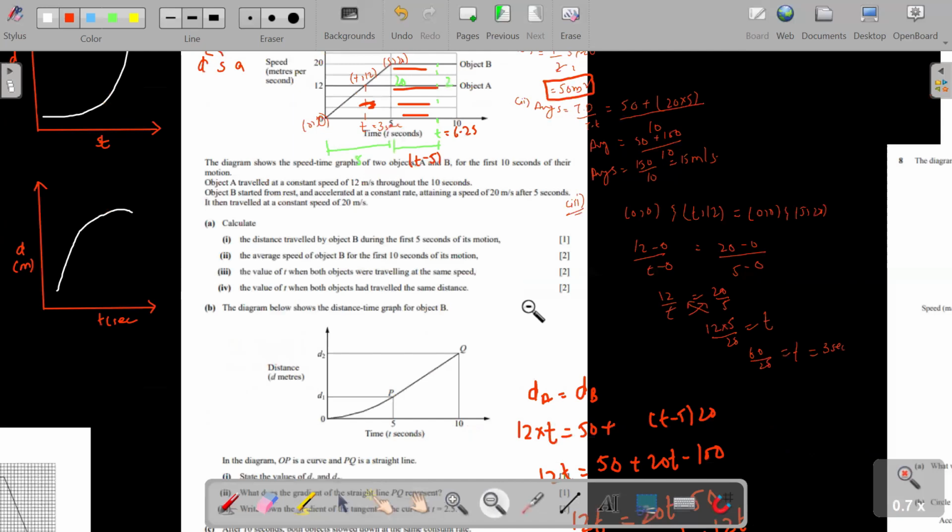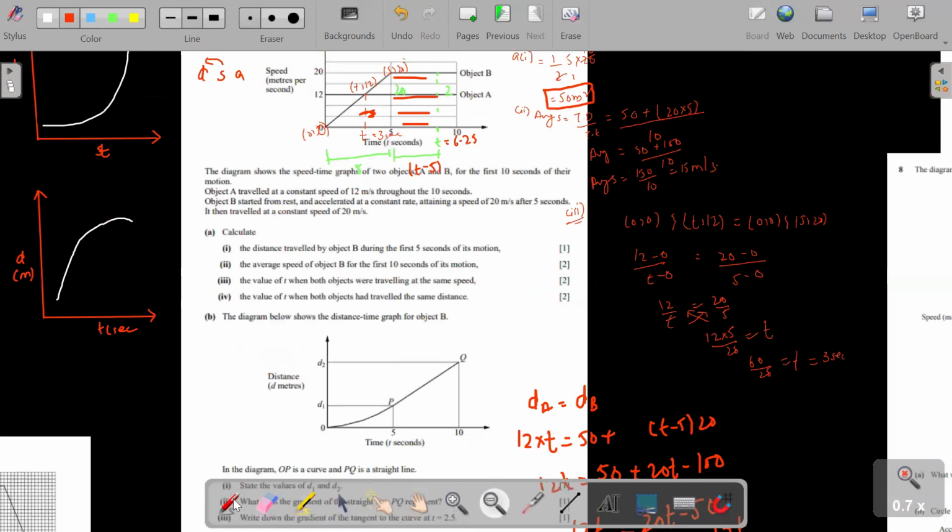We have calculated the values of D1 and D2. D1 at this point was 50, like in the distance-time graph. And for this portion, we have calculated D2 as well, and it was this one. Let me highlight it. This is 150. So this is a 1 mark question only. We will use the graph to calculate that value. So D1 is 50 and D2 is 150 meters.